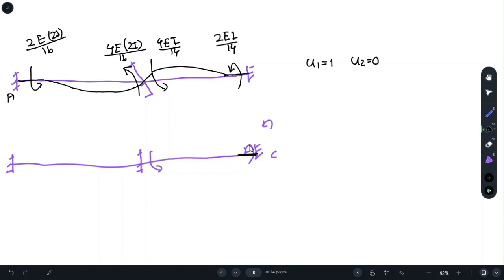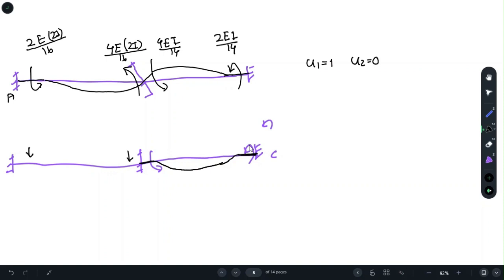It will be something like that because the joints are fixed, so there will not be any rotation near the support. For an anti-clockwise rotation, it will come downward a bit, and here it will be like that, and there will not be any moments at these points.